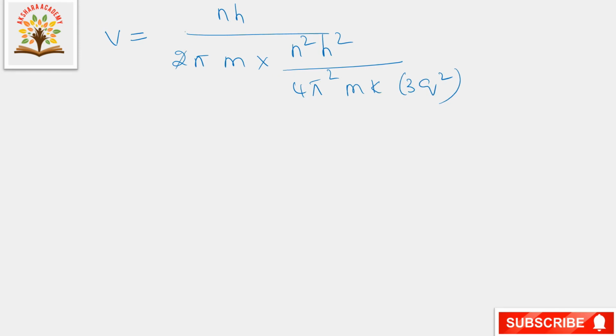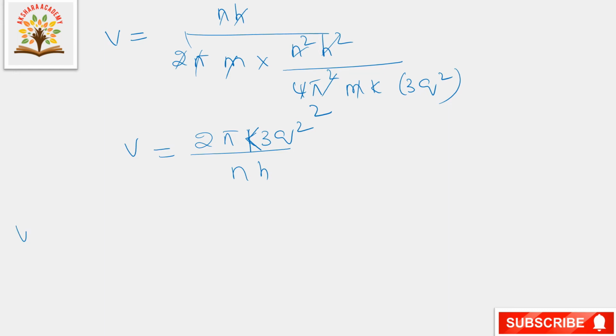Here 2 ones, 2 twos and pi get cancelled, m gets cancelled, nh gets cancelled. So, the remaining is V is equal to 2 pi k 3q square by n into h.